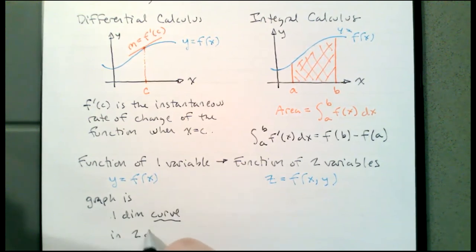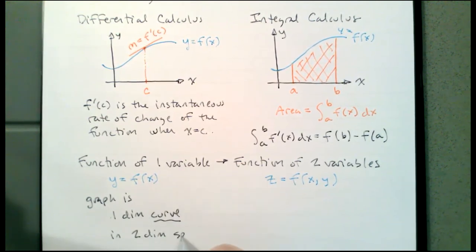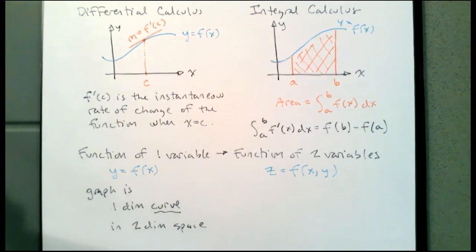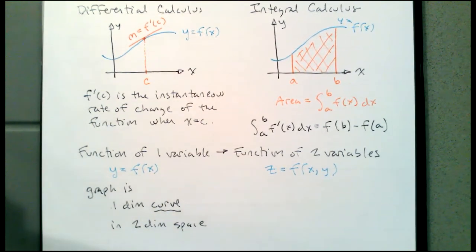The graph is a one-dimensional curve in two-dimensional space. At each point x, the value of y, we evaluate the function, and we make that the height above the x-axis. So we end up with a one-dimensional curve in two-dimensional space. It's just the height above the x-axis.